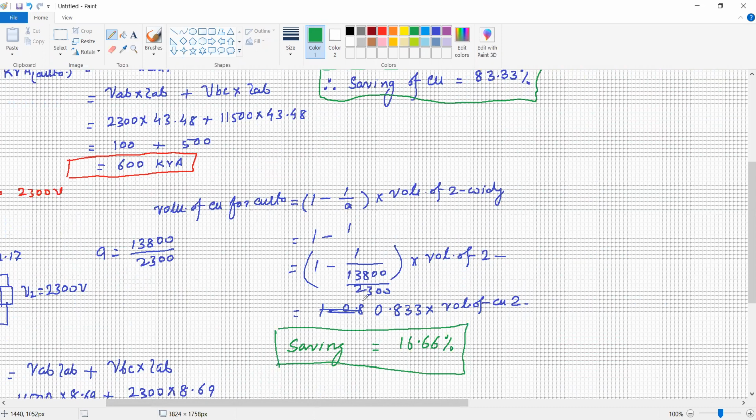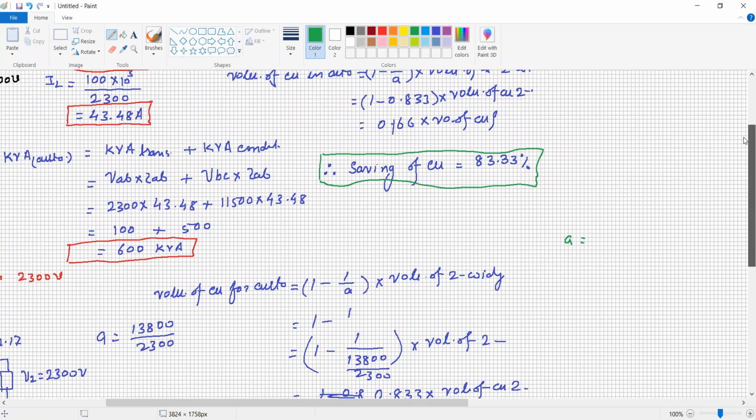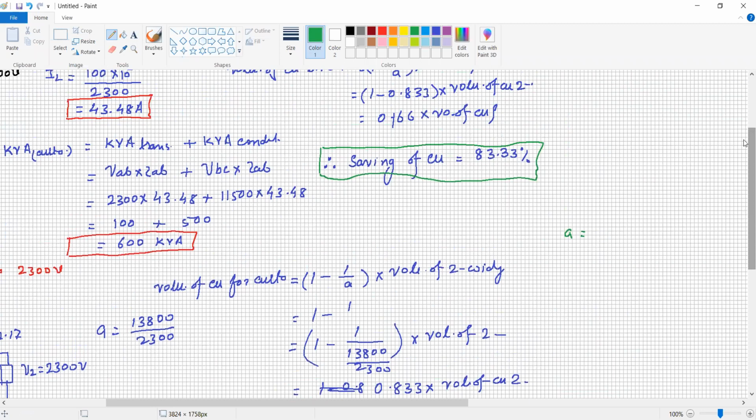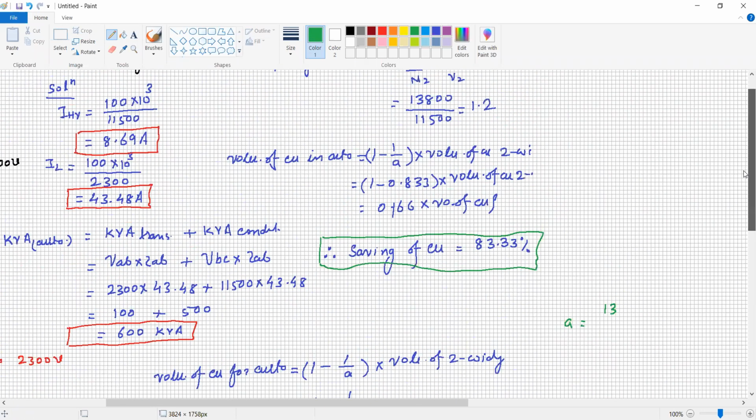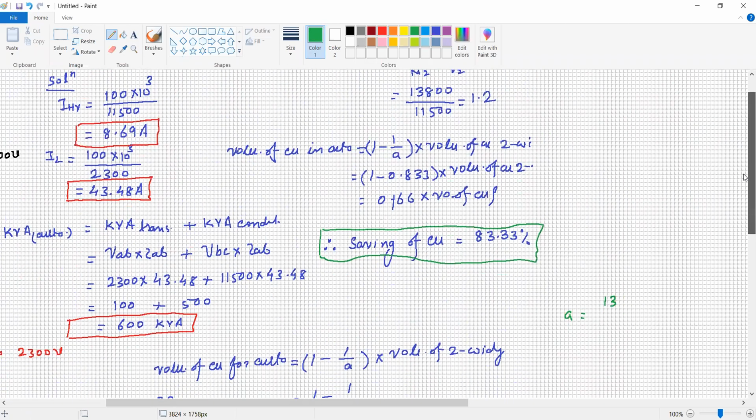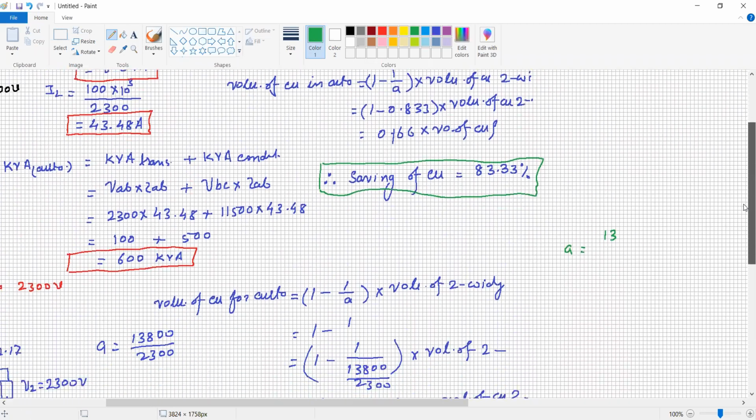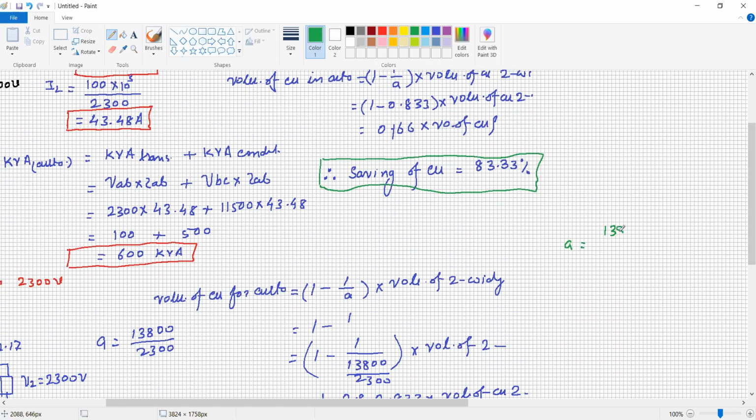Simply, the saving is equal to the ratio. See here, what is the ratio? The ratio is 13800 divided by 11500.